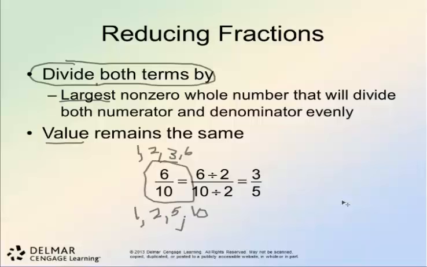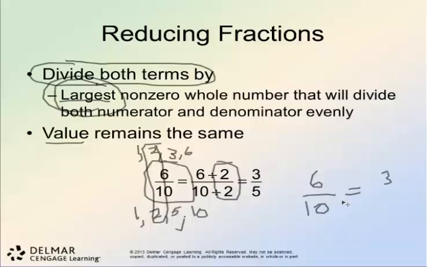And we look for the largest non-zero whole number that they share as a factor. You see they both have a factor of 2. And that's why we divide the numerator and denominator by 2. So 6 divided by 2 is 3, 10 divided by 2 is 5. So 3/5 is equivalent to 6/10. 6/10 is equal to 3/5.